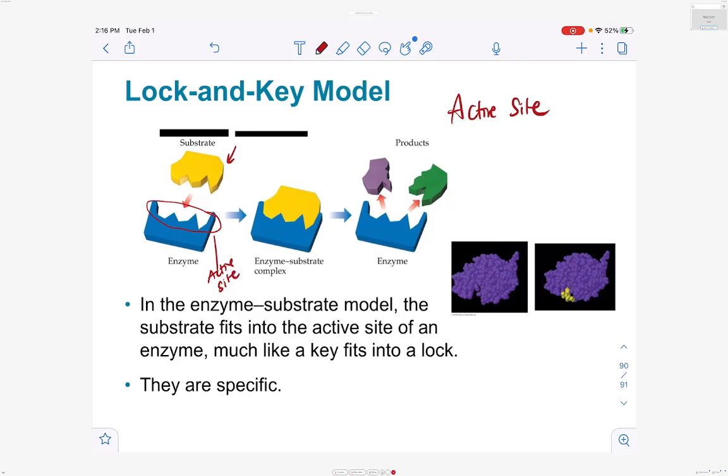Any substance that reacts at the active site of an enzyme is called a substrate. These substrates are reactants. The specific substrate will fit into a specific active site of an enzyme, just like a key fits into a lock. And this is called the enzyme-substrate model.